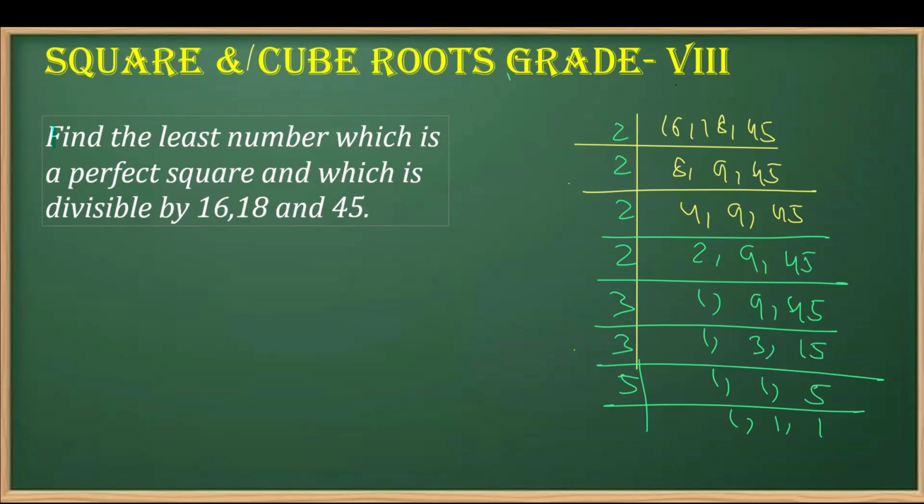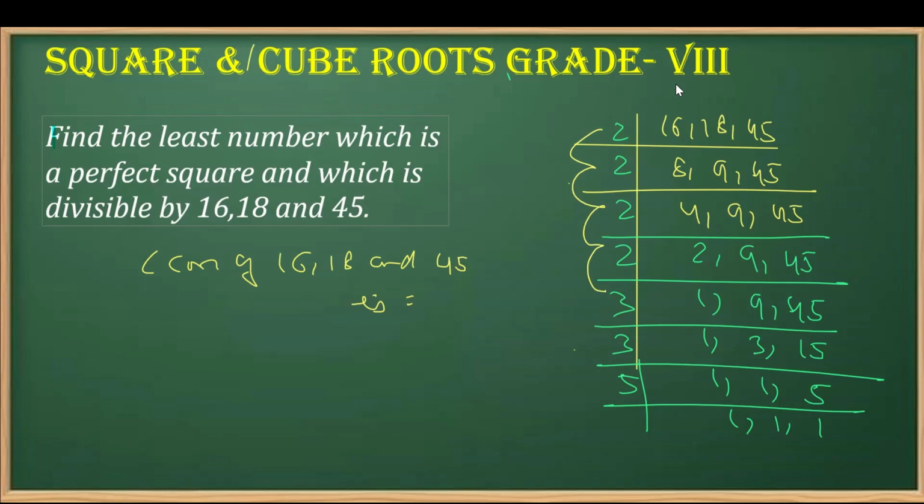So we'll say now, since we are looking for the LCM, the LCM of 16, 18, and 45 will be the product of these. So it's 2 into 2, 4 into 2, 8 into 2, 16. 16 into 3 is 48.